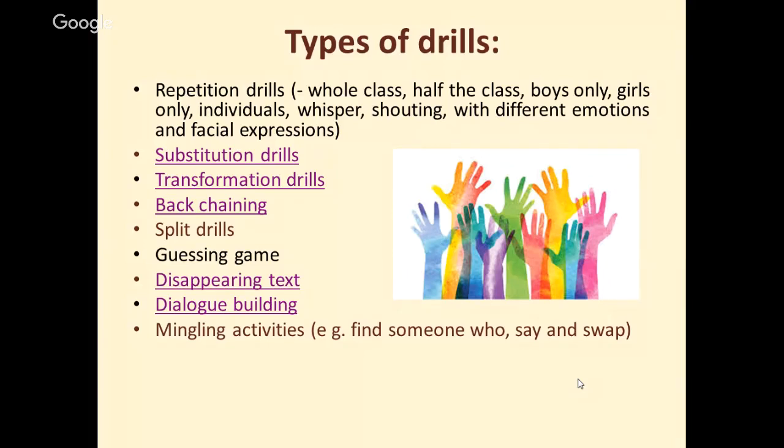And as soon as they have finished, they swap the papers. So during this activity, the students repeat not just one phrase many times, but each time they take a new one and they hear other people pronouncing this phrase.